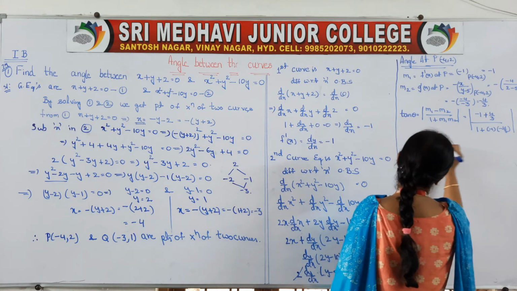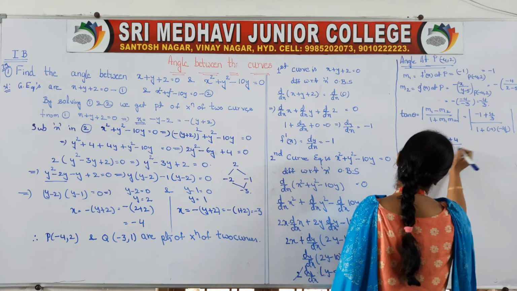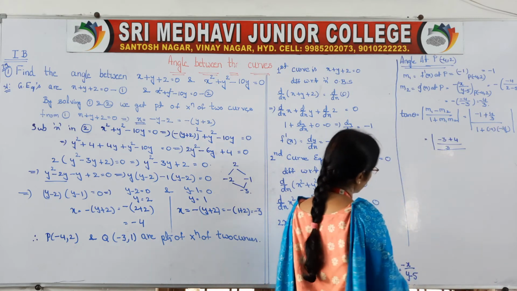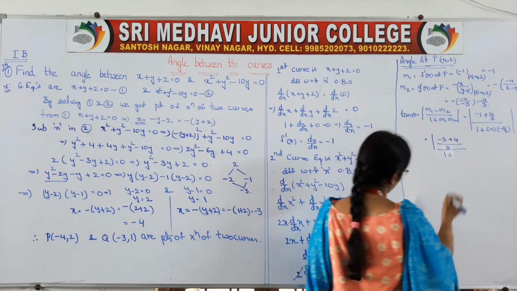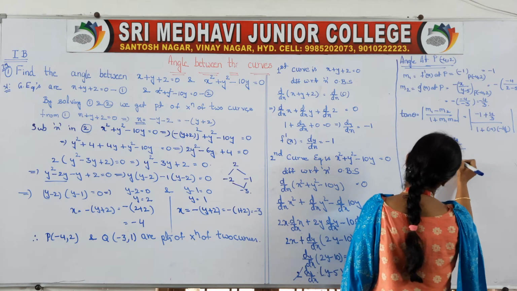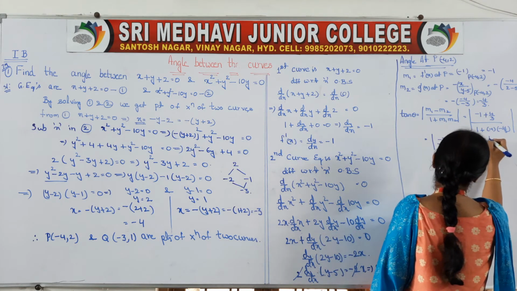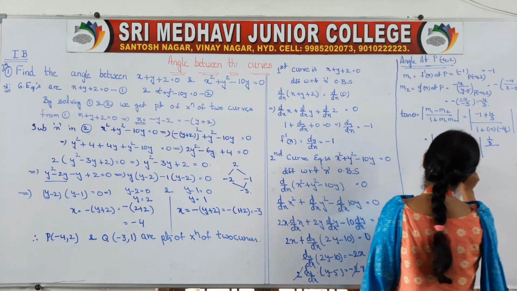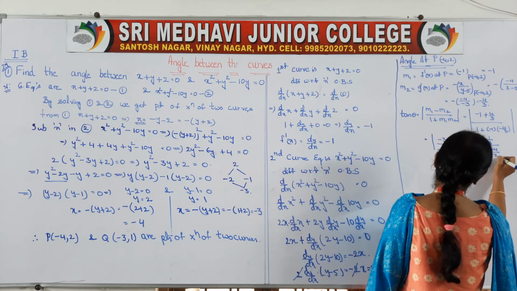So it is equal to, 3 is the LCM, (-3 plus 4) by, and downwards we are having 1 plus how much? It is 4 by 3. So it is 1 by (3 plus 4) by 3.